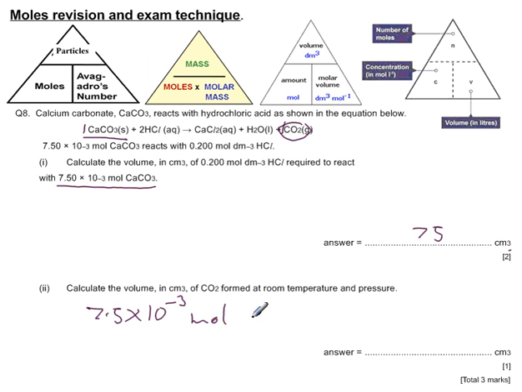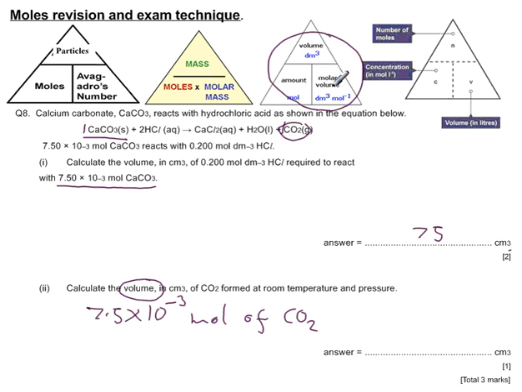So once we've got the number of moles, we can try and figure out the volume. This is a gas, so we're going to use the molar volume for gases equation. So if we want to work out the volume, it's the number of moles multiplied by the molar volume.